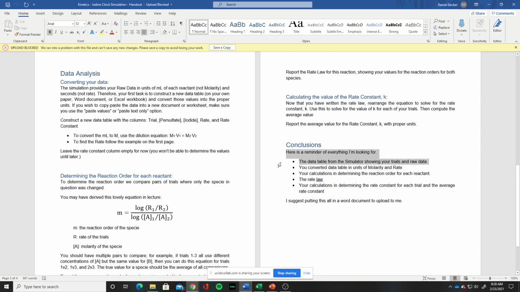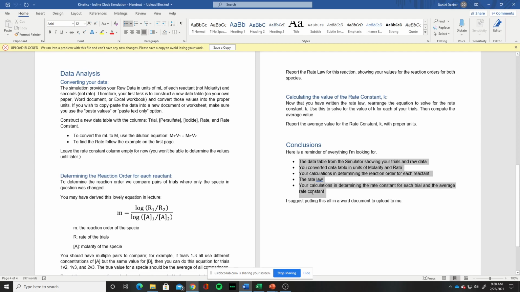All right, so then, in conclusion, the data table from the simulator shows your trials and raw data. You converted the data table into units of molarity and rate. Your calculation to determine the reaction order for each reactant, the rate law, the calculations in determining the rate constant for each trial, and the average rate constant.